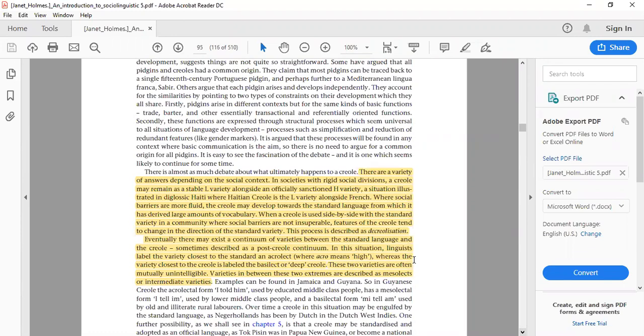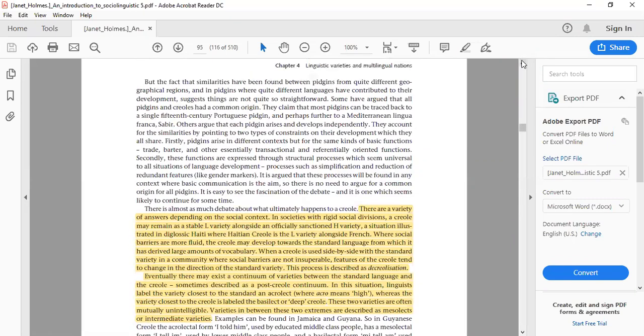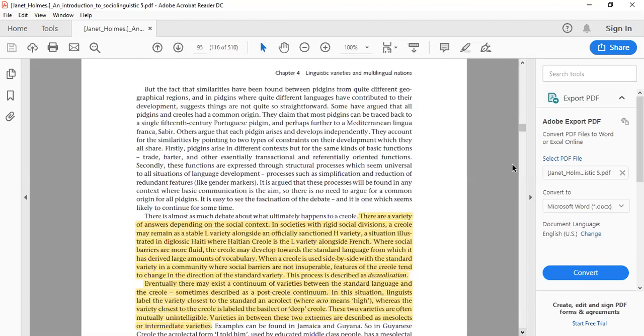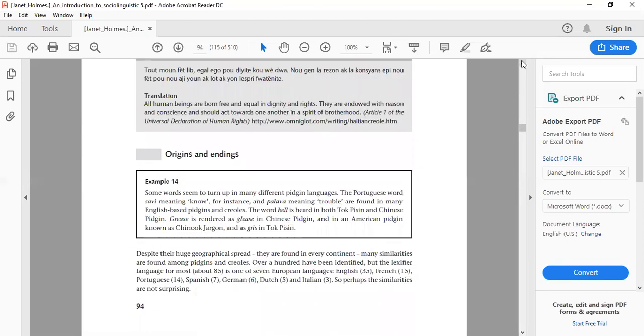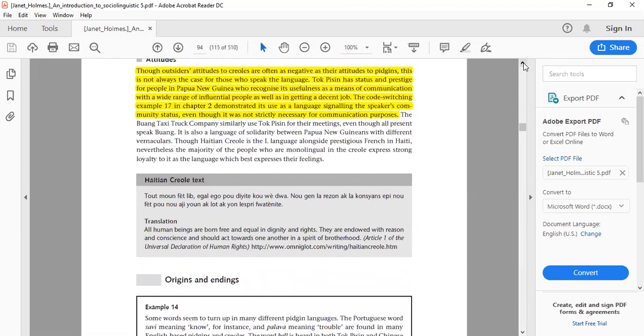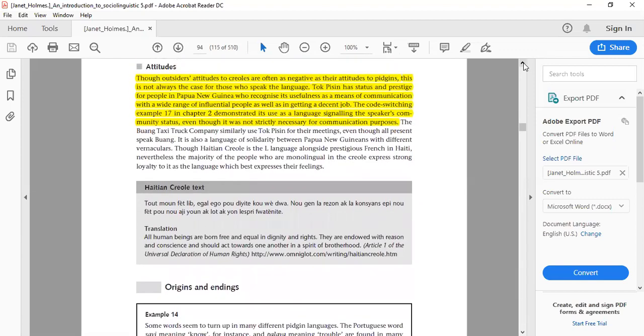This one? No, ma'am. This one, ma'am. What is wrong with this system? I have highlighted it. Oh god, can you please tell me the page number?